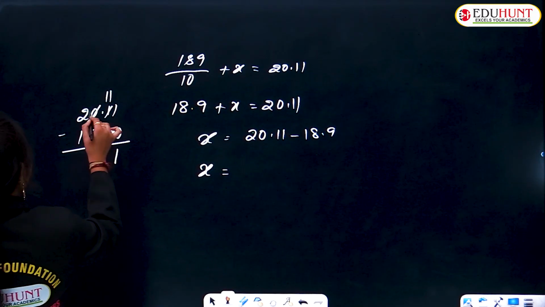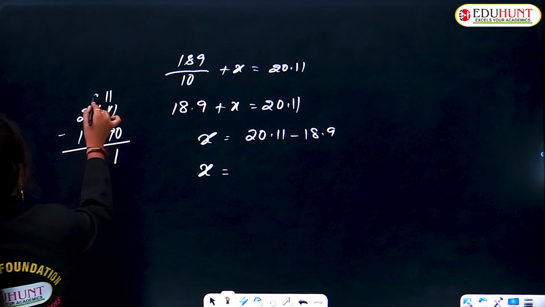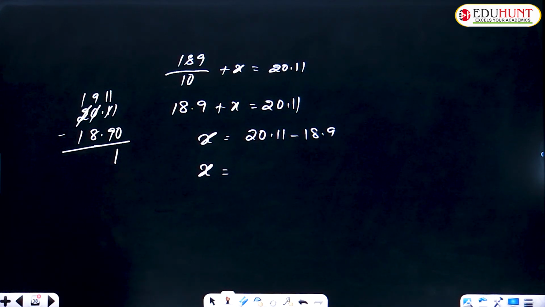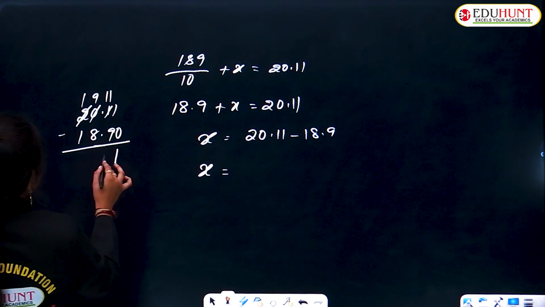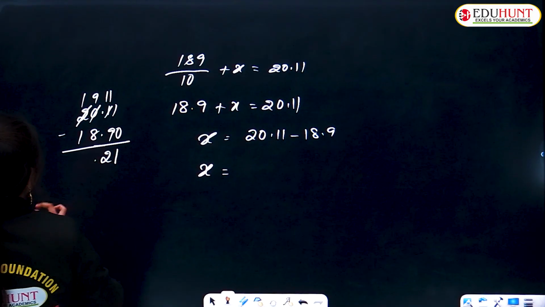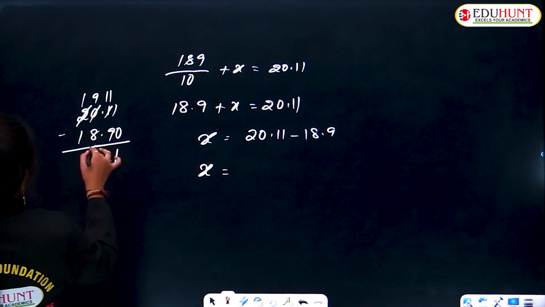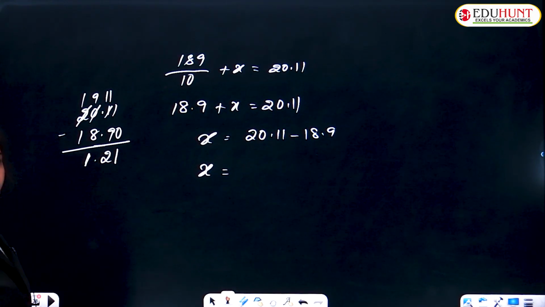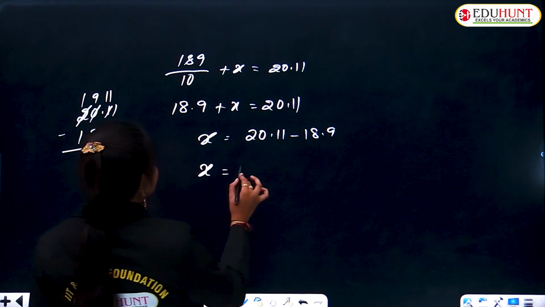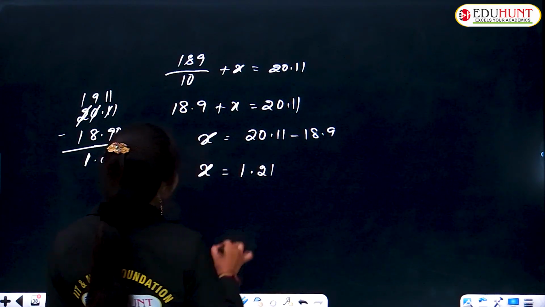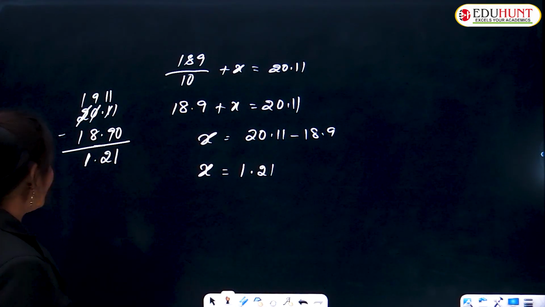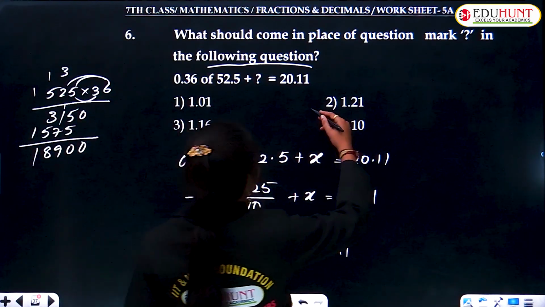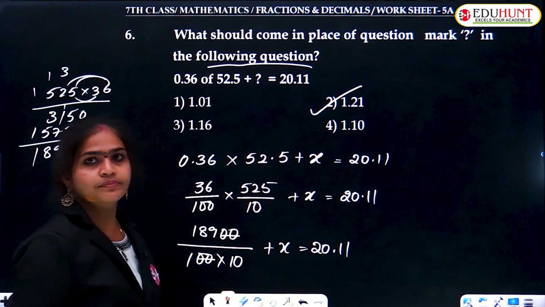Understood? Now here 11 minus 9 is 2. 19 minus 18, 9 minus 8 is equal to 1. And in the same way here 1 minus 1 is 0 only, no? Finally here the answer is 1.21. Is the option there or not? See here, yes, 1.21. Option 2 is correct here.